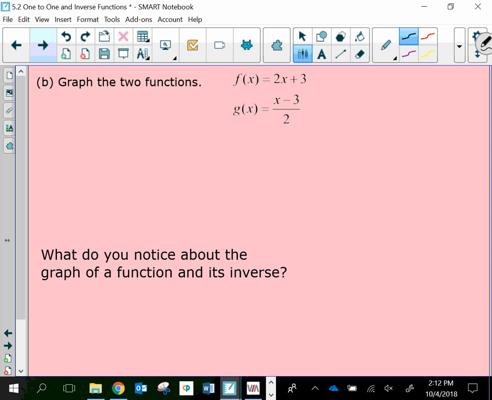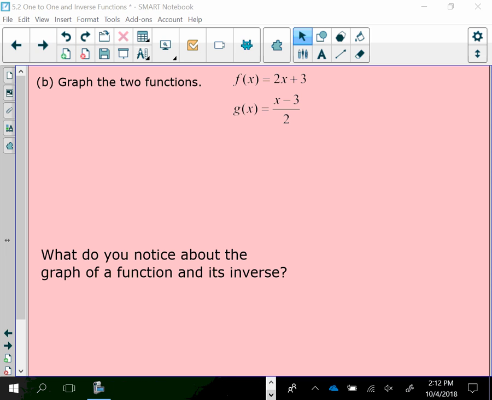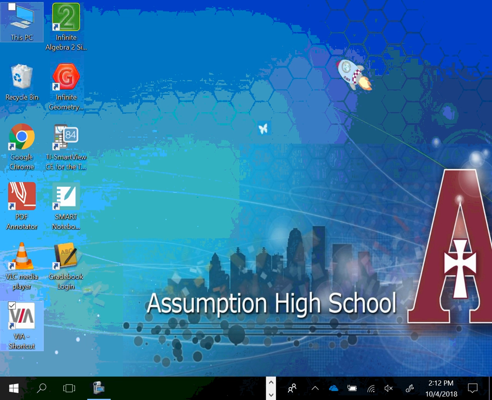Okay, let's try graphing. Let me just do it on the calculator. If you want to get decimals out and put them on the same graph, that would be fine. That way you can just slide it on over.